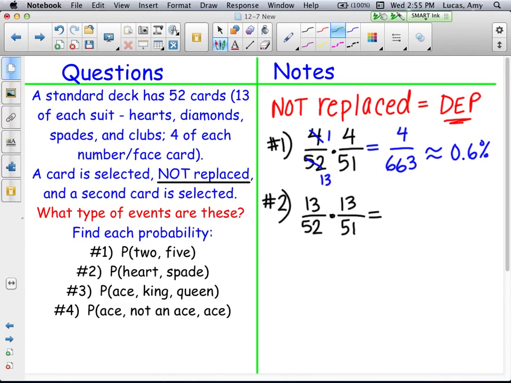Now, I can divide by 13 to reduce my hearts to 1/4. That should make sense because 1/4 of the deck would be hearts. So that first fraction is 1/4. Now, if I multiply straight across, I get 13, and 51 times 4 is 204. If I divide this to make it a percent, it's about 6.4%.